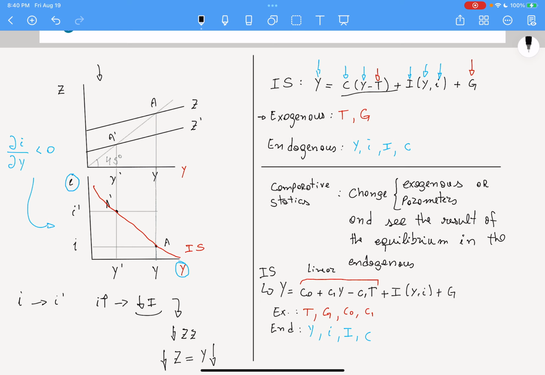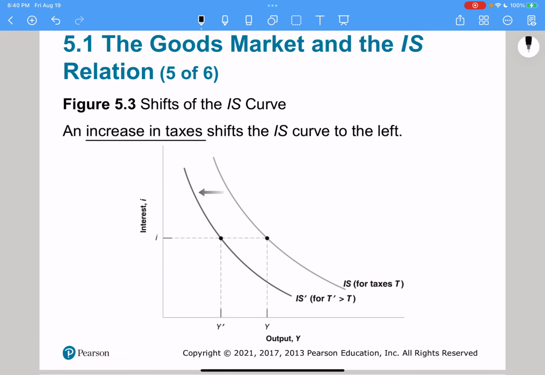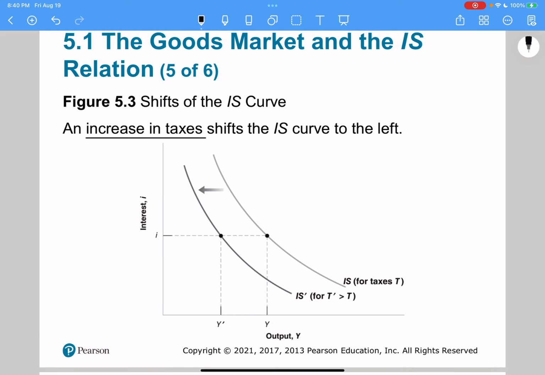When an exogenous variable is changing, we are going to change the position of that curve in the diagram. So here we are considering that the taxes are increasing.